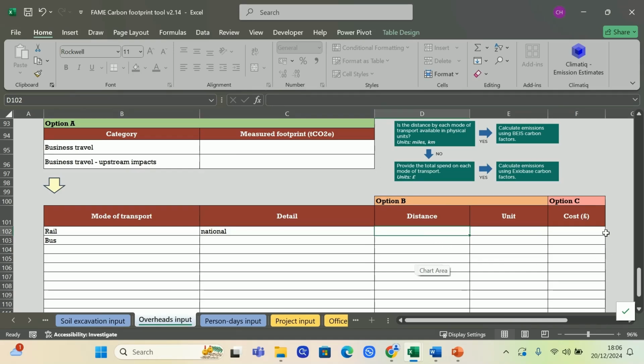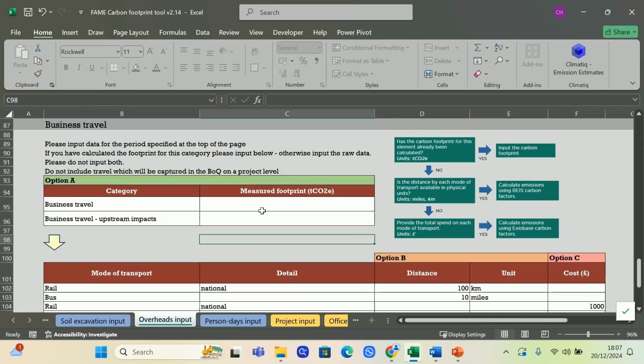If you're entering distance and cost for rail, say, and they do indeed represent different activities, then you'll need to enter it as a separate row. So let's just say bus, and let's just say 10 miles. So yeah, that's how the overheads work.